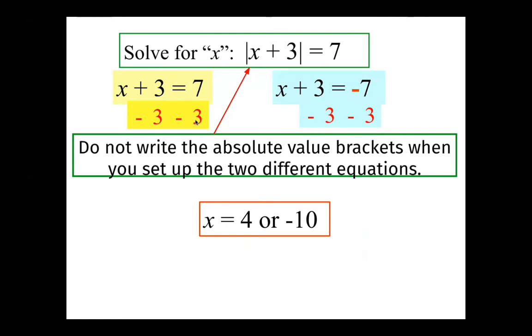Now that you have your two equations, you can carry out your standard inverse operations with subtraction. Subtract 3 from both sides, you're left with x equals 4. And for the equation set to negative 7, if you subtract 3 from both sides, you get negative 10. So your x values would be 4 or negative 10.